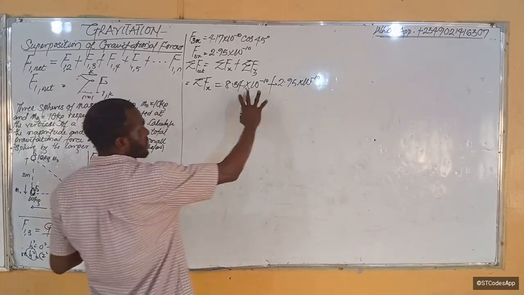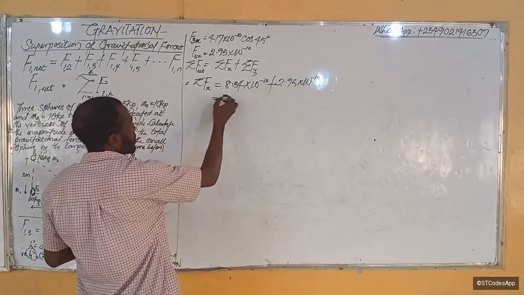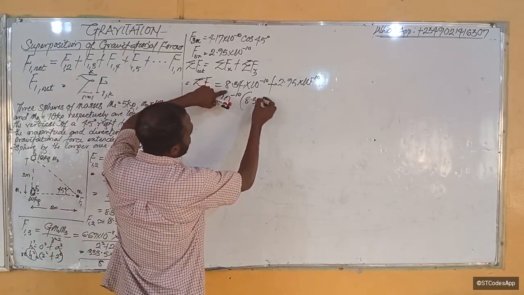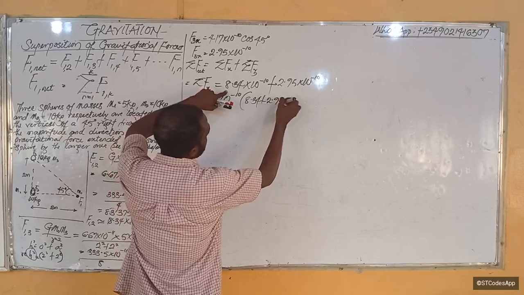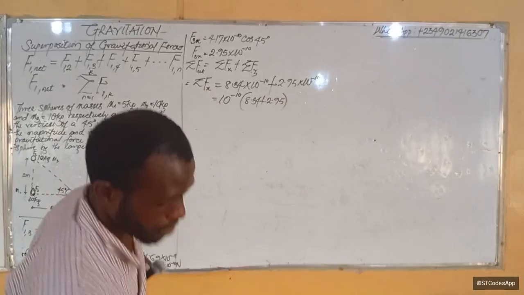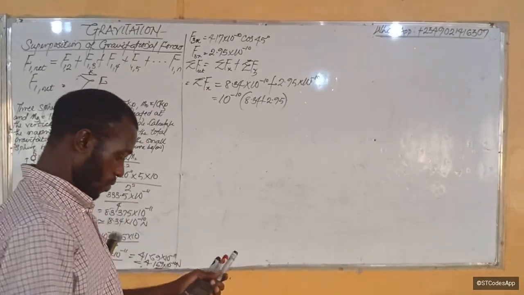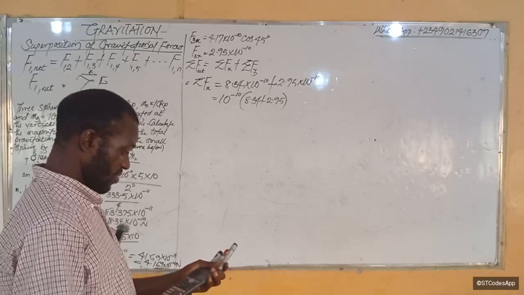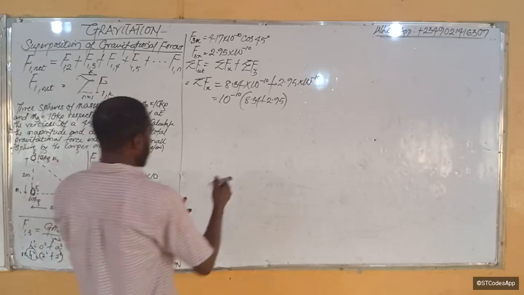Given that they have the same power, we can factor that out. 10 to the power minus 10 is common between 8.34 and 2.95. So by the time you add that, 8.34 plus 2.95 gives you 11.29.